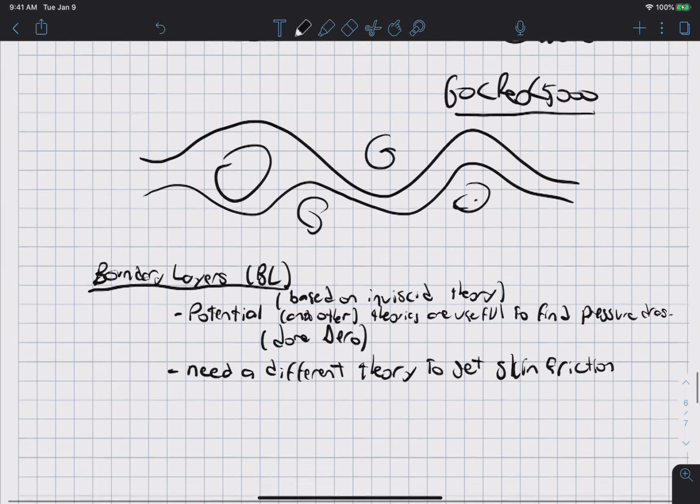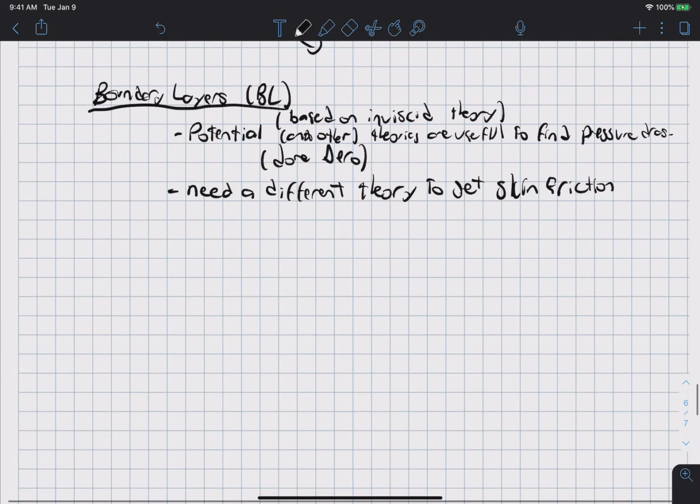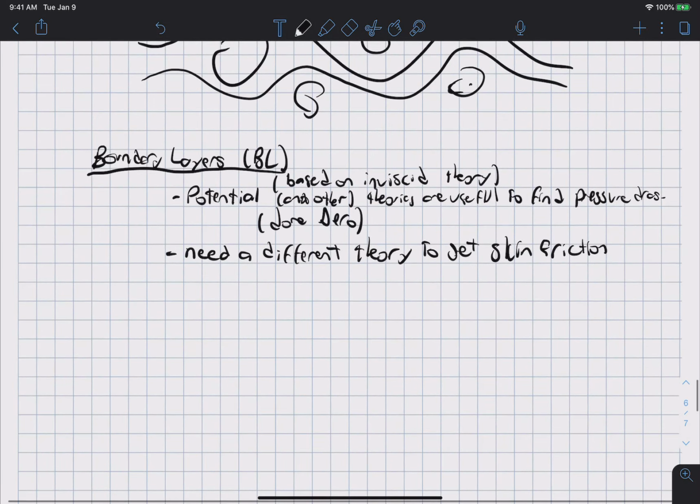Okay, and now in the early 1900s, Prandtl introduced the concept of a boundary layer.